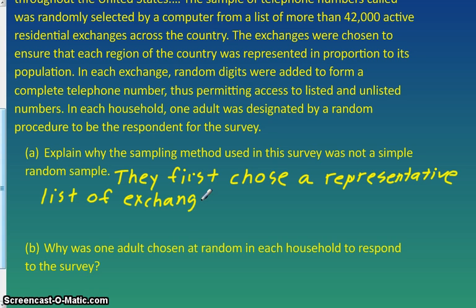So it's not exactly what we see with a cluster, right? But it's closest to a cluster. Maybe you'd say a multi-stage, right? Because they're taking a cluster of just a few exchanges, and then within that, they're taking a simple random sample. All right, so more like a cluster sample.